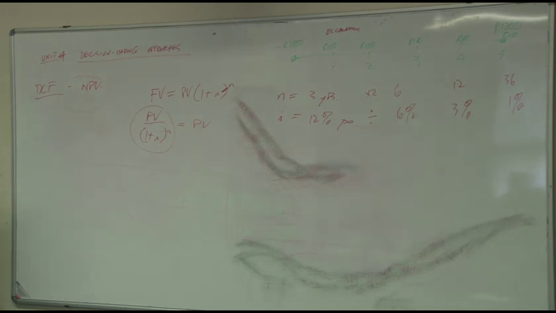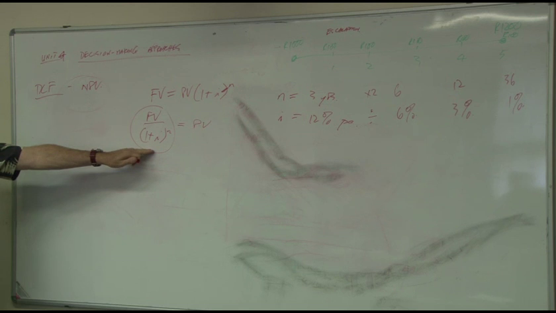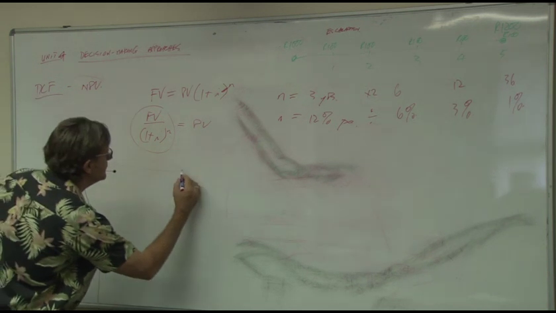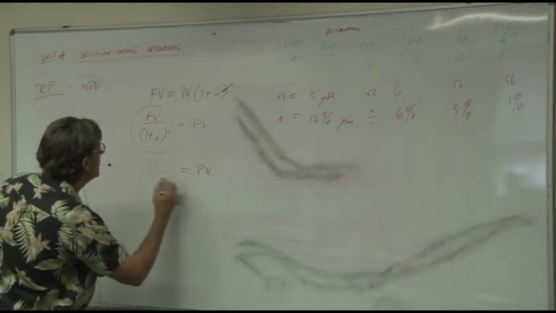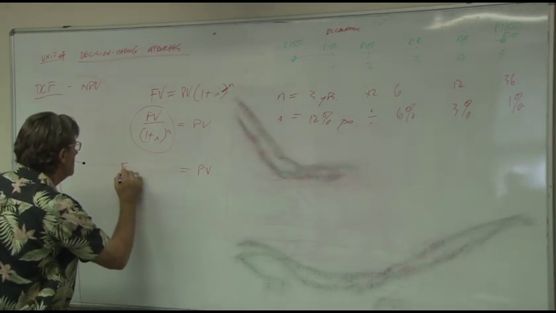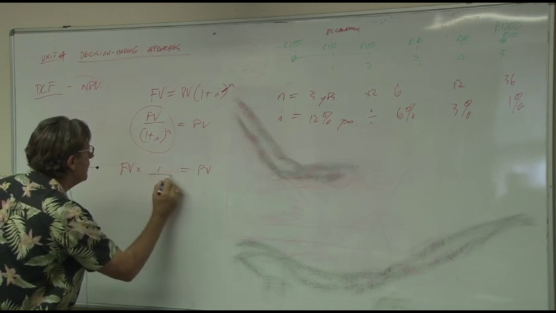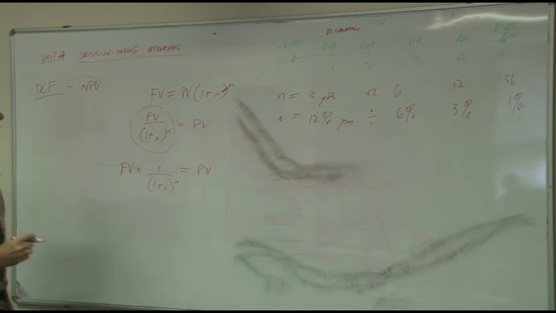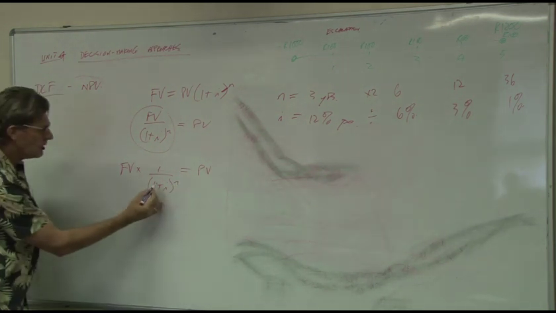We take the future value and we discount it by the interest rate raised to the power of the number of years. And if you want to make it even better for later, it's equal to the future value multiplied by 1 over (1 plus r) to the n.